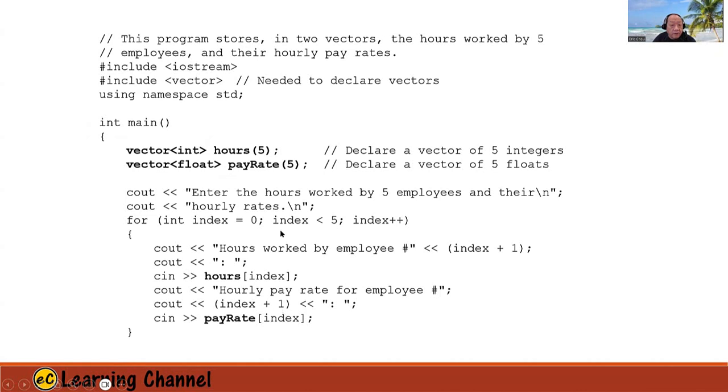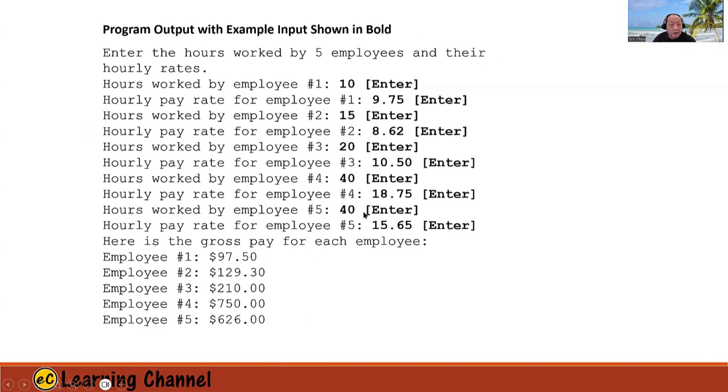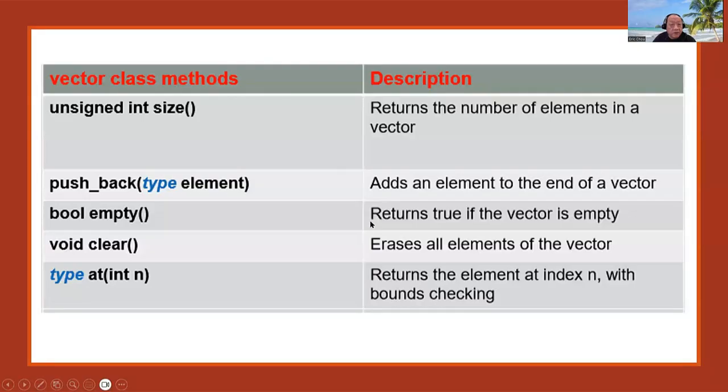This one is too easy, we just bypass it. Now there is a function called size. There's push back, there's empty, there's clear, there's add. These are the functions that make your vector flexible in size.